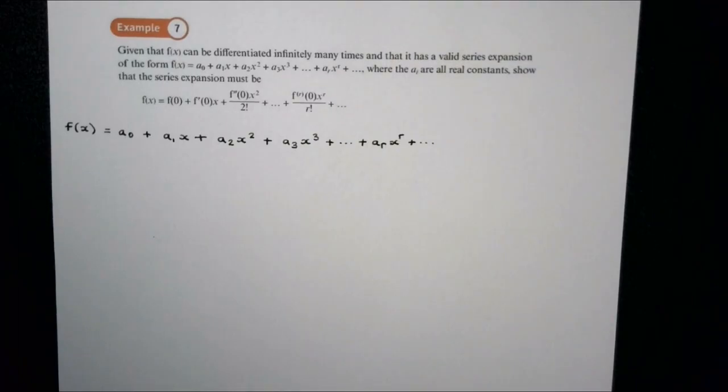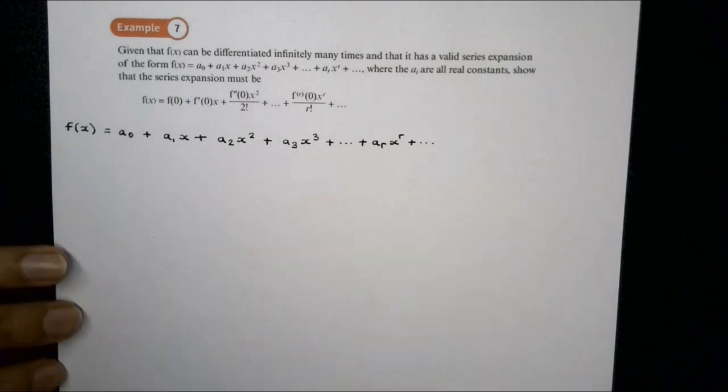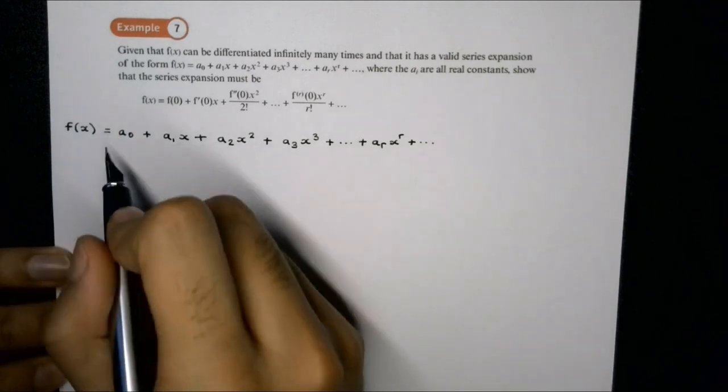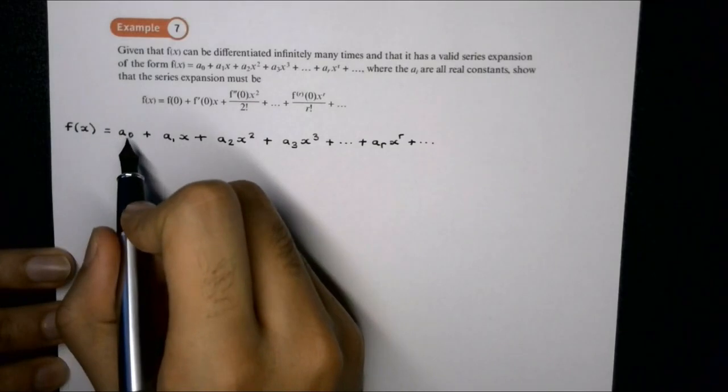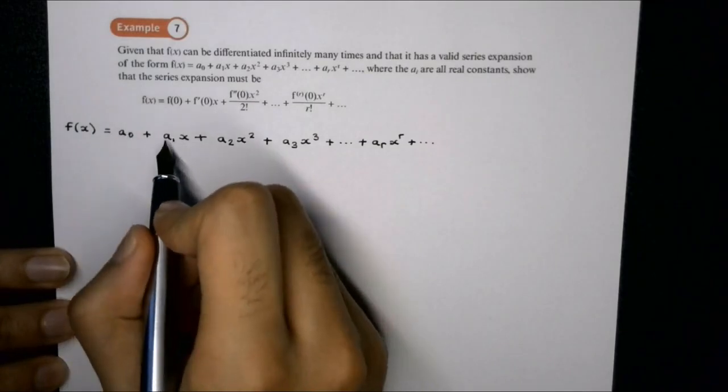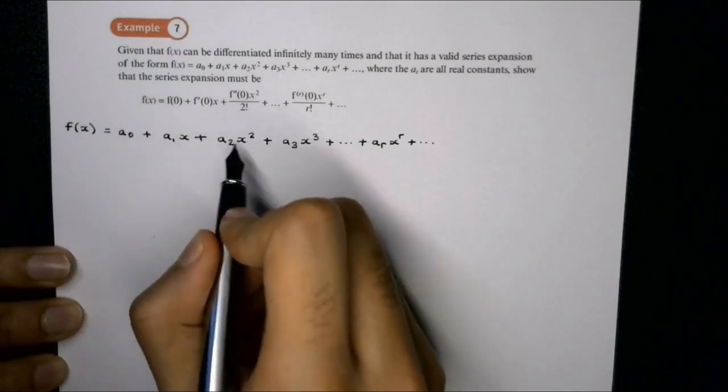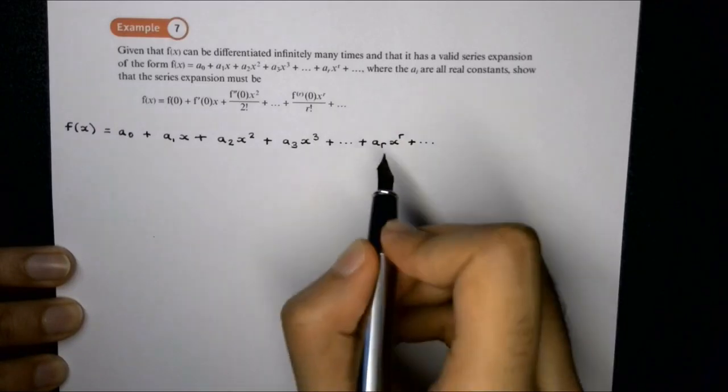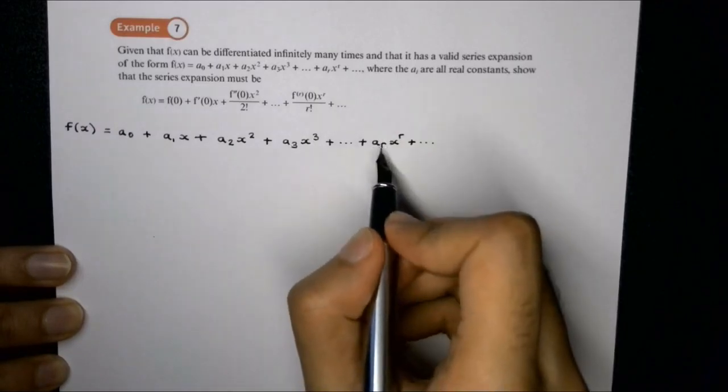So what I've written out over here is f of x, and what we need to do somehow is find out what a0 is, a1 is, a2 is, a3 is, and in general what ar is.